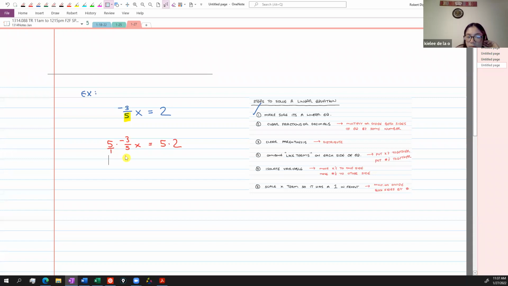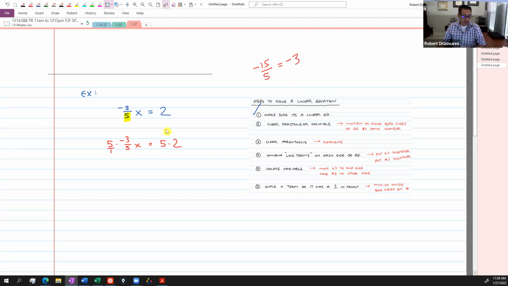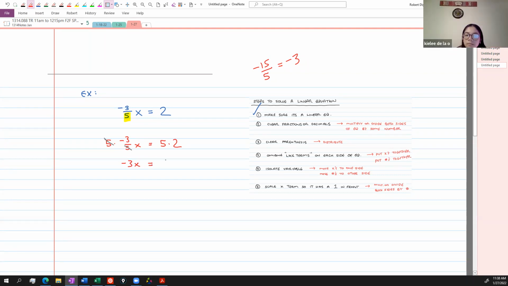Negative 15 over 5, which is what? Negative 3. Okay, so Kylie, the way I look at it when I multiply by 5, the 5s cancel. One 5 is on top and the other one's on the bottom and they just cancel. But you do it however you want. I just want to make sure you get it right. So this will be -3x. And then Kylie, the other side of the equation is what? 10. Okay, now let's keep going.